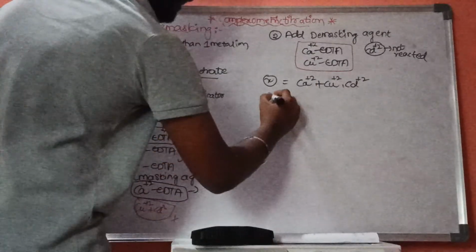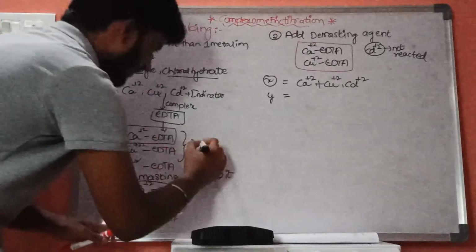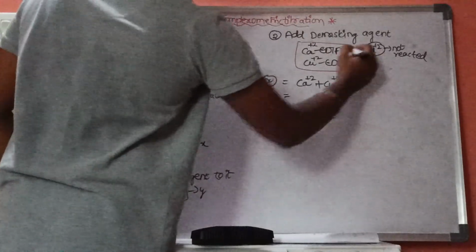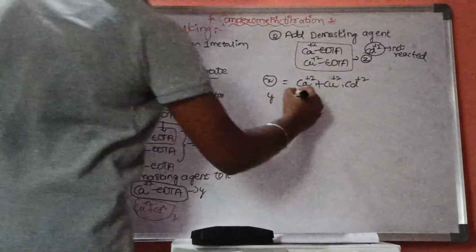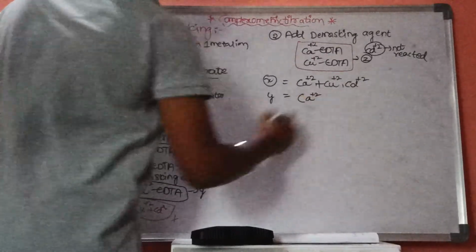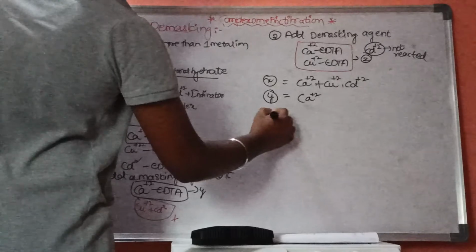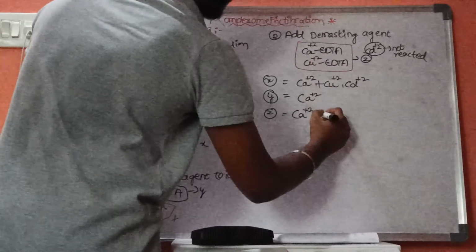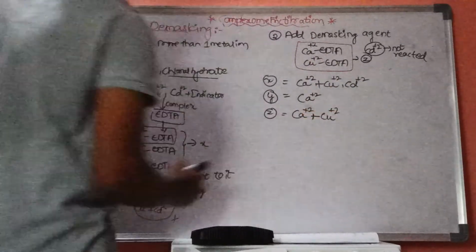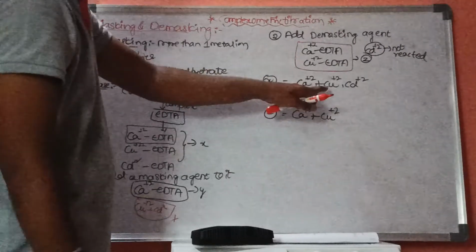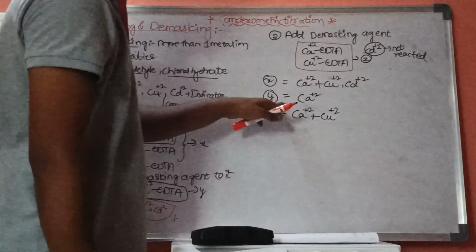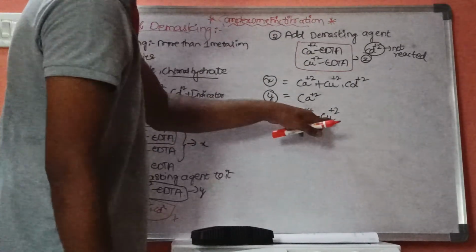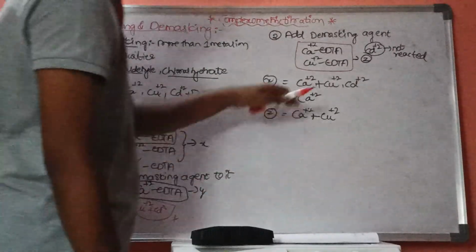Let us consider this as X, Y, and Z. Y is equal to Ca2+, and Z is equal to Ca2+ and Cu2+. So X is Ca2+ plus copper plus cadmium, whereas Y is only calcium, and Z is calcium plus copper.